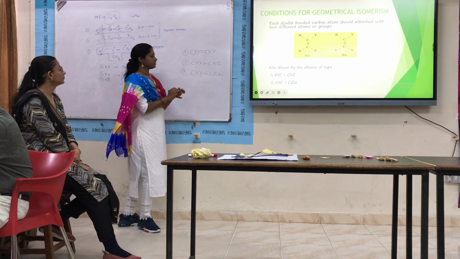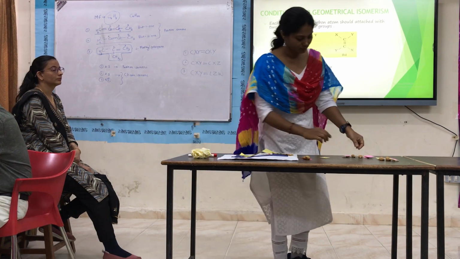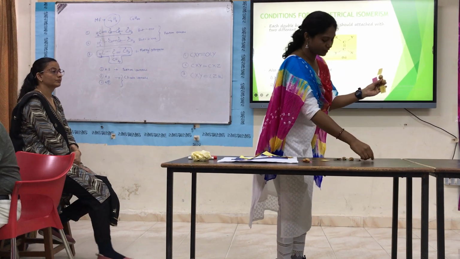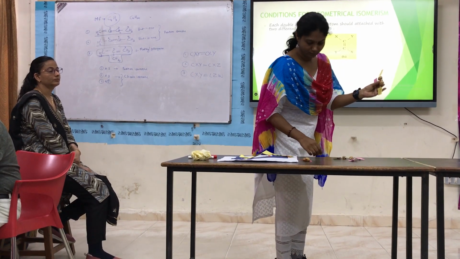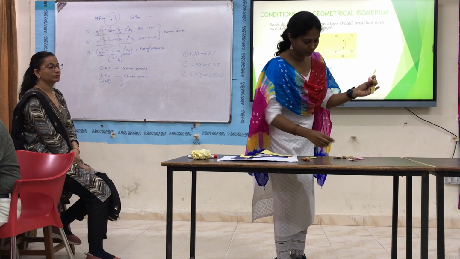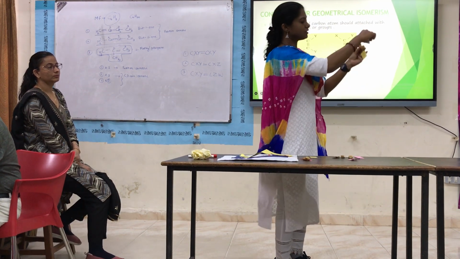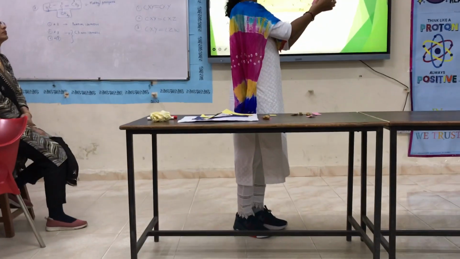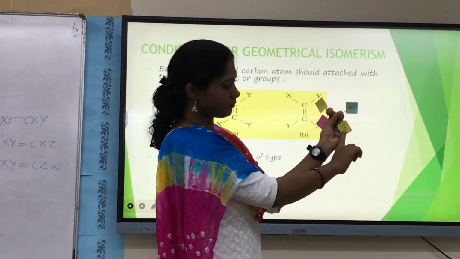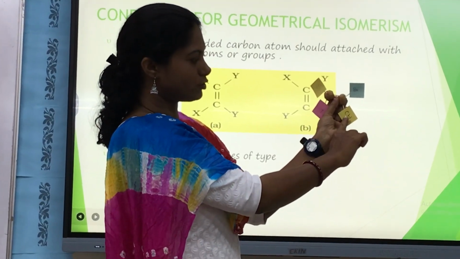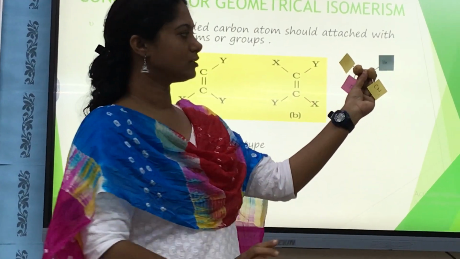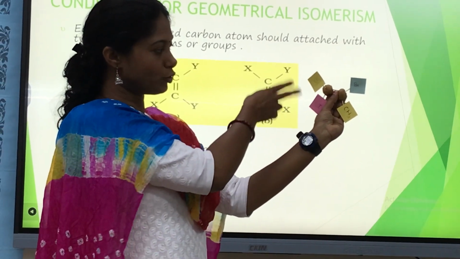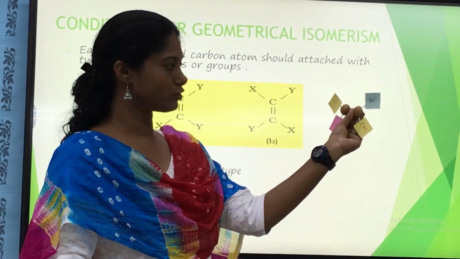So here, this is CXY, hydrogen and CH3, and on the other side one similar group, so it is XZ. Even if we change, since two different groups are attached, it can show geometrical isomerism.